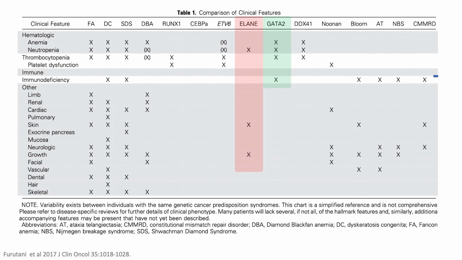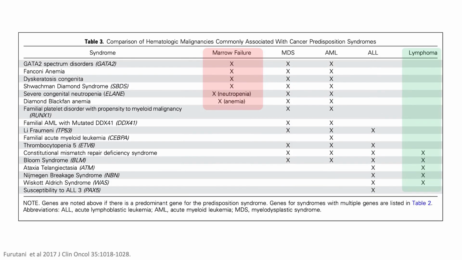And this table shows the breadth and the spectrum of different components. For example, in the ELANE gene, besides the neutropenia, we expect to see some skin and growth features. In the GATA2 gene, besides the anemia and neutropenia, we also expect to see immunodeficiency. And the hematological malignancy that comes with these genes could be bone marrow failures, MDS, AML, or lymphoma.